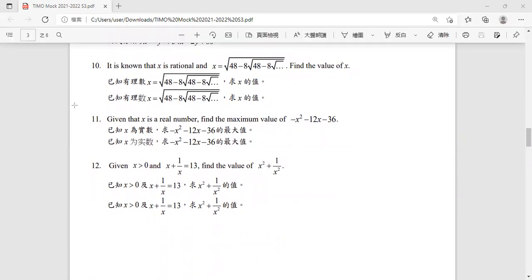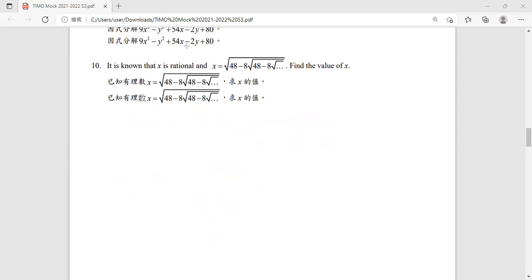This one should use some crazy method, but I think you can handle it. Now please consider that it's recurring, so you'll find that this is x.